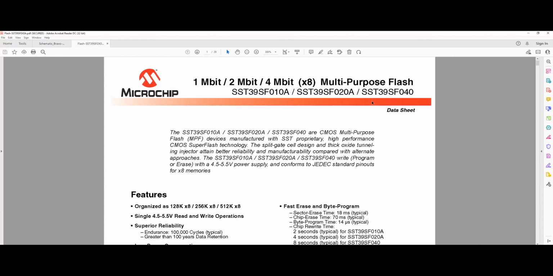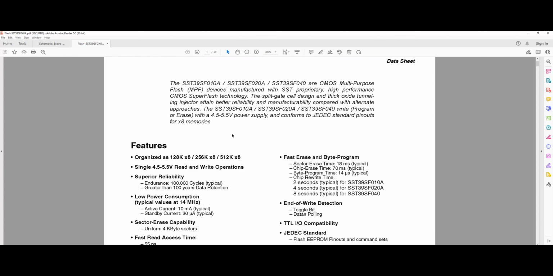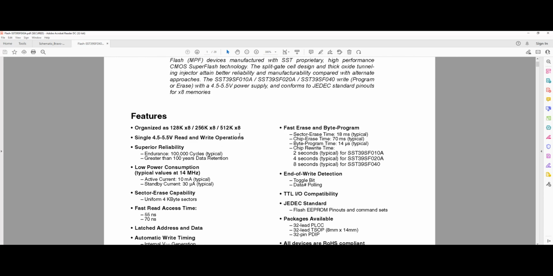However, the SF040 is a 512K model, which we just talked about in the memory circuit. So let's have a look at some of the important aspects of these chips, just to clarify what we need to do for a write operation.